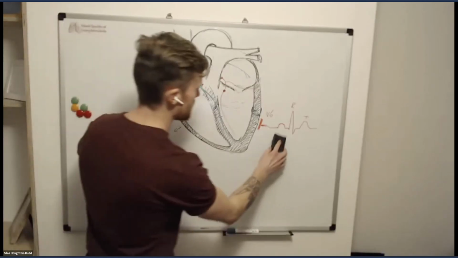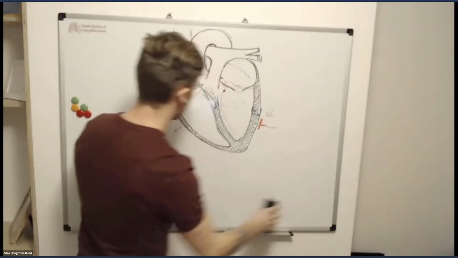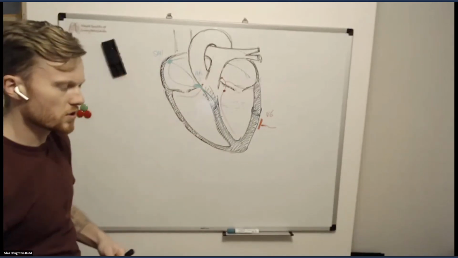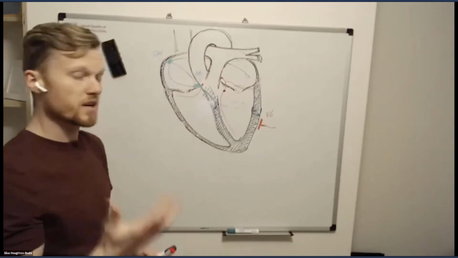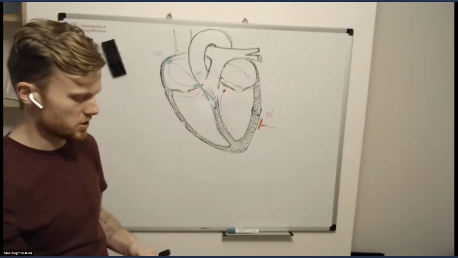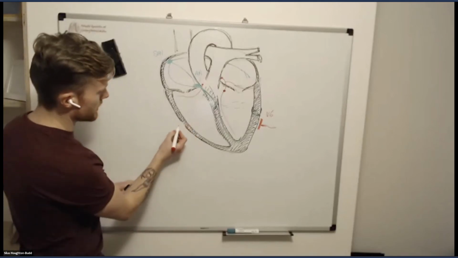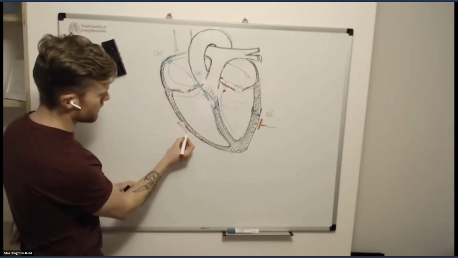Let's look first. In fact, what we'll do is stick another electrode on. When we're trying to recognize or interpret bundle branch blocks on the ECG, the two leads that we look at are V1 and V6.